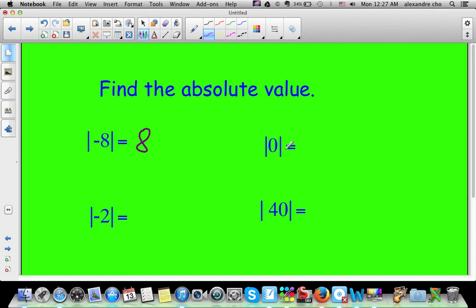Absolute value of 0. 0 is 0 steps away from 0. You don't have to go anywhere. -2. -2 would have to take 2 steps to go back to 0. So the absolute value of -2 is 2. And the absolute value of 40. 40, it's 40 steps away from 0. Okay? It's very simple.